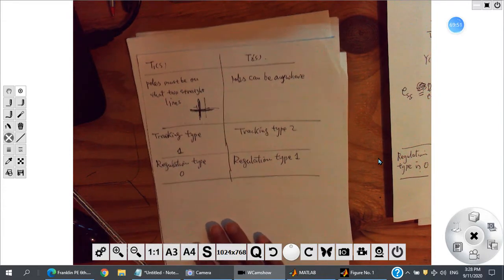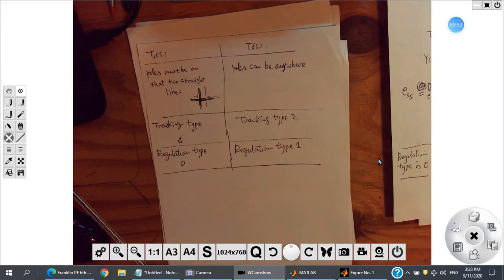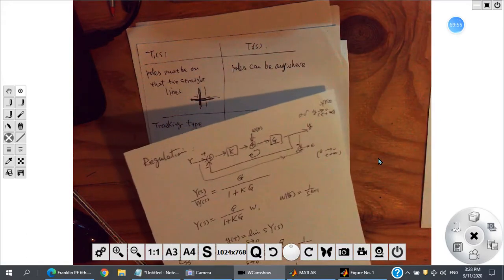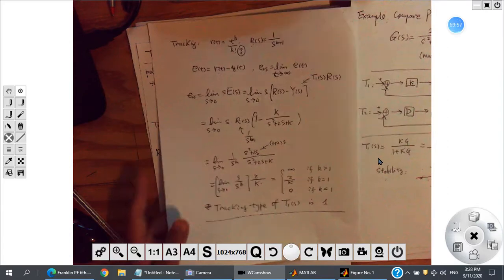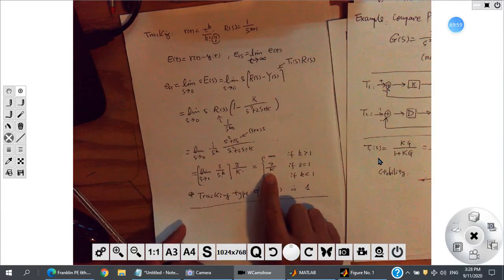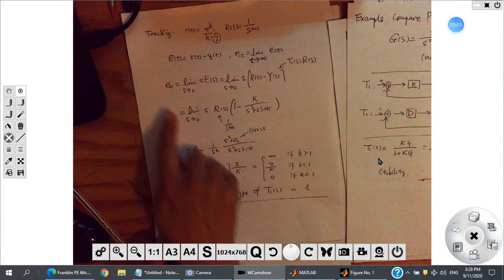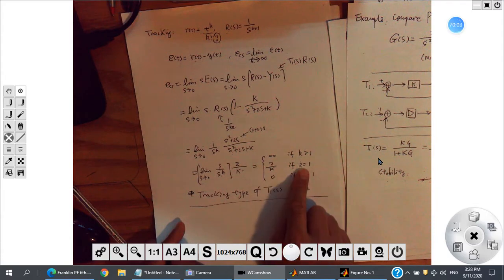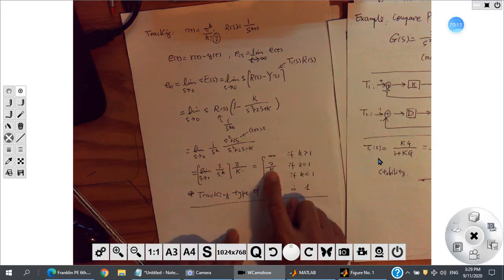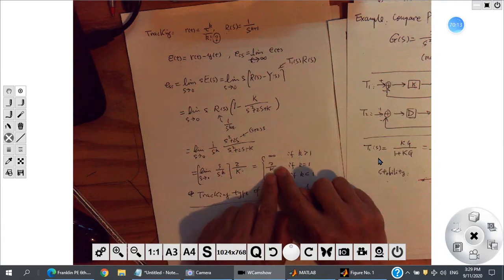Yeah, I think I have calculated that for T1. Yes, here, right? I have 2 over K. This is the steady state error. So when the input is t to the k, t is a ramp input. With the ramp input, the output is also a ramp, but with a distance from the input.